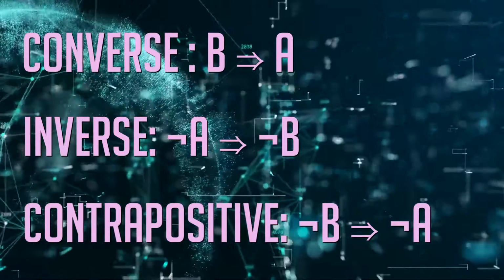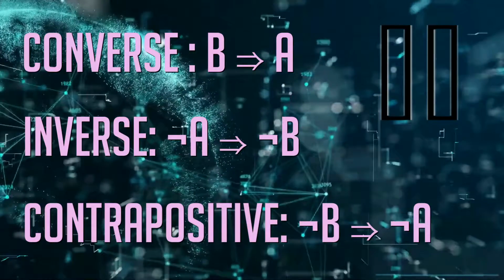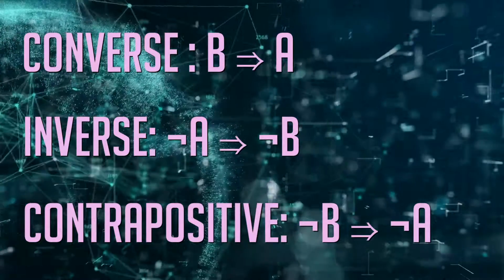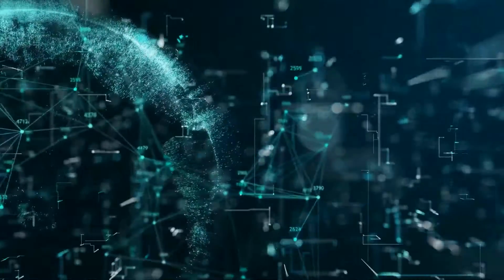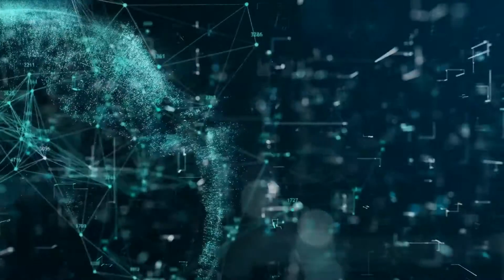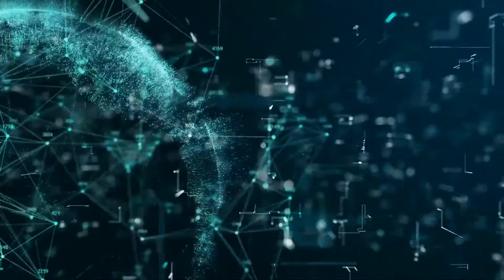To see this more clearly, pause the video. Try writing out the truth table for yourself, and then unpause to check if you got the correct result. If both the statement and its converse are true, then we have an if and only if type statement, and therefore the inverse and contrapositive are also true.